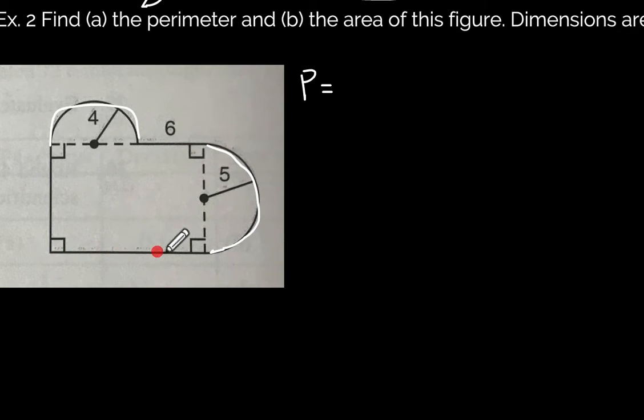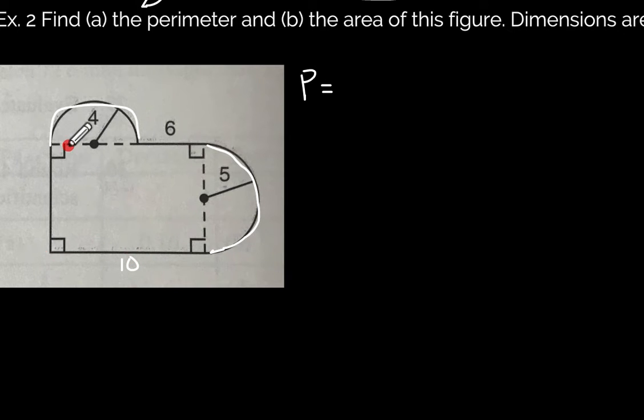So this one right here, a little tricky. This is going to be 4, 4, and 6. So this is going to end up being 10. 10 is down here. All right, so this distance.